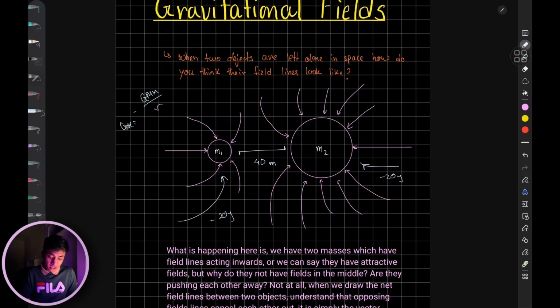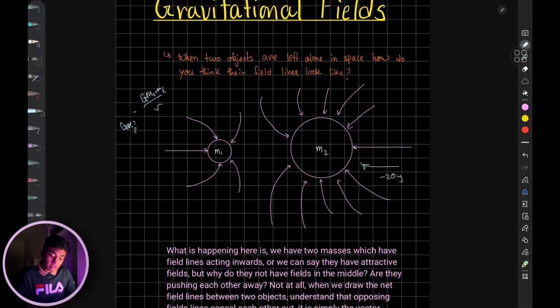For M1, it's the gravitational constant times mass M1 times mass M2 divided by the separation. For M2, it's the same thing: M2 times M1 divided by the separation. So the value you get for both cases is the same, right? If it's minus 20 for this, it's minus 20 for the other one as well.